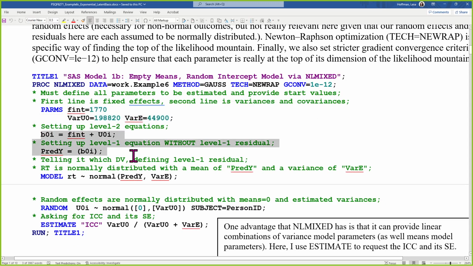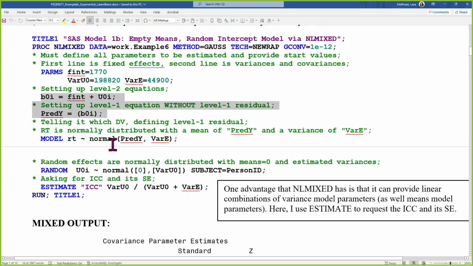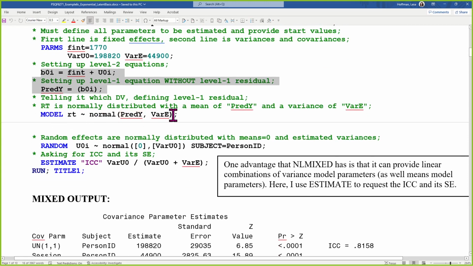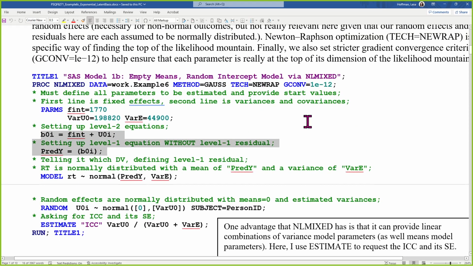You have to set up your level 1 and level 2 equations. You then have to define the conditional mean and variance for your outcome, define any random effects, and everything else. So NLMixed in SAS is one way that you can estimate anything, basically. It's set up for 2-level models that can be generalized or multi-level as needed.